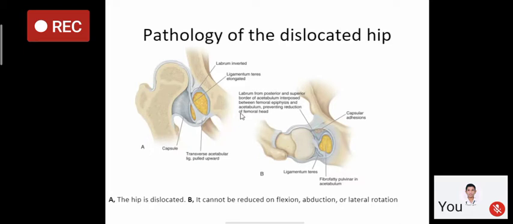Labrum from posterior and superior border of acetabulum is interposed between the femoral head, femoral epiphysis, and acetabulum, preventing the reduction. It cannot be reduced on flexion, abduction, and lateral rotation.